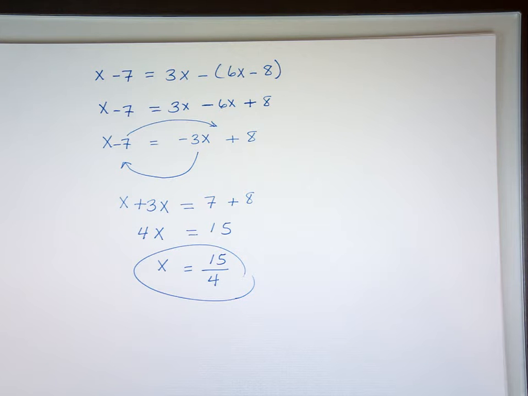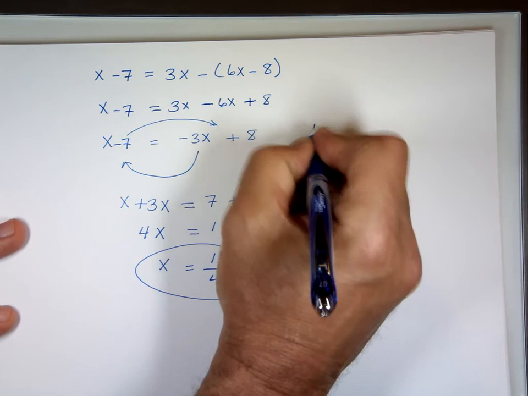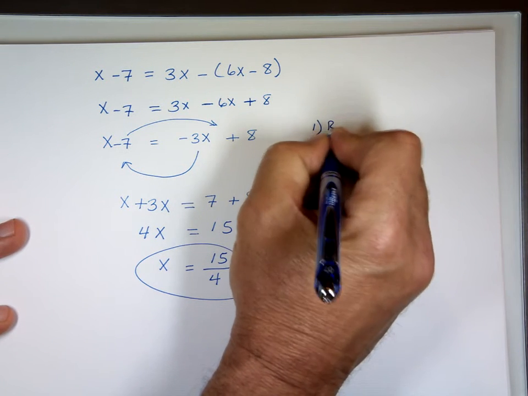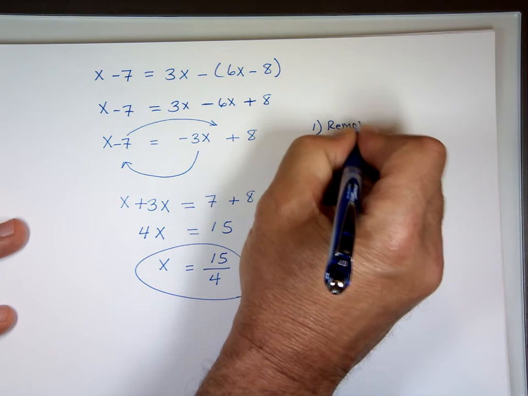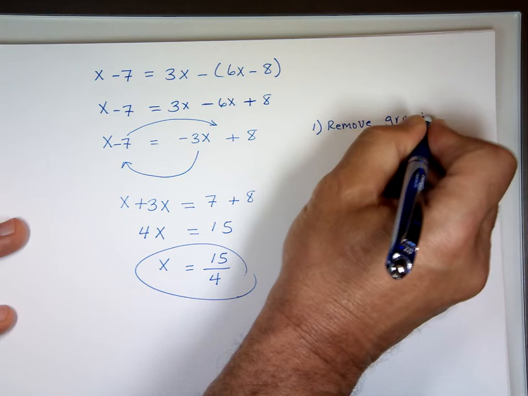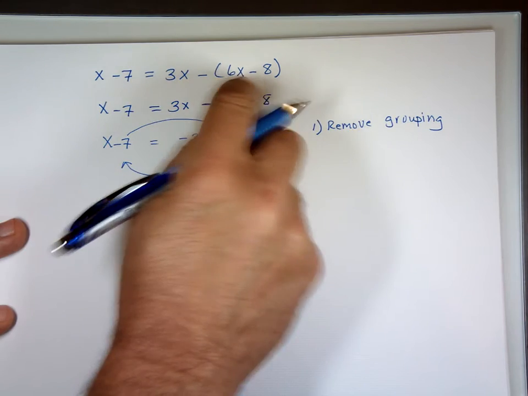So if I write down the steps of how I solved this problem, what was my first step? What did I do first? Well, I removed grouping. I took care of that minus sign.